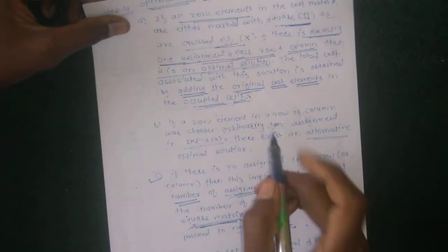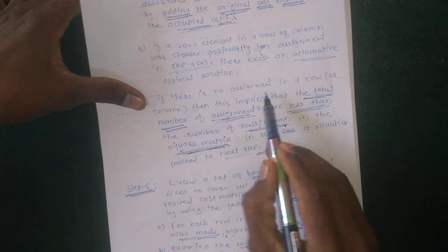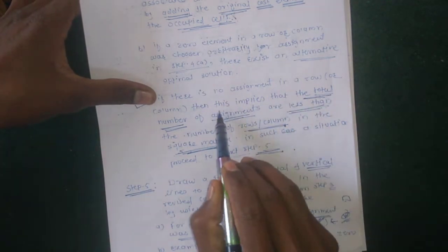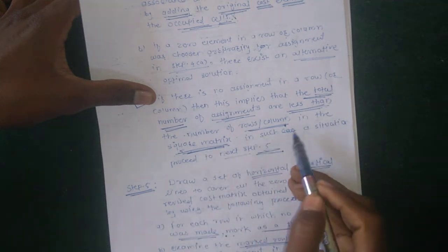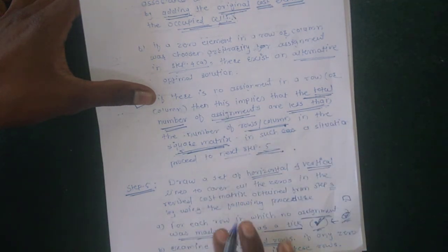Now the optimal criterion: if there is no assignment in a row, the total number of assignments is less than the number of rows, and then we go to the next step, step 5.